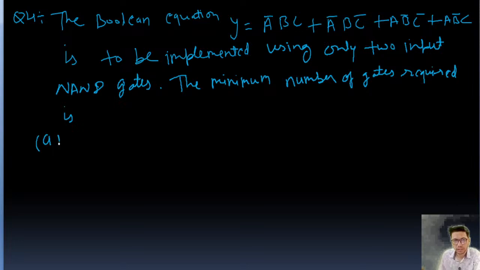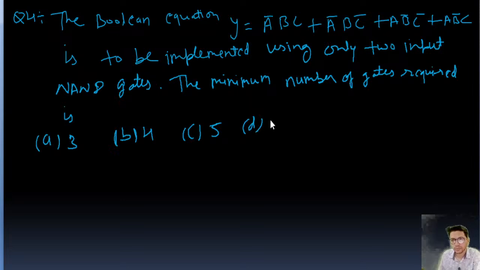Options are, option A is 3, option B is 4, option C is 5, option D is 6, okay. So this is the question, guys.